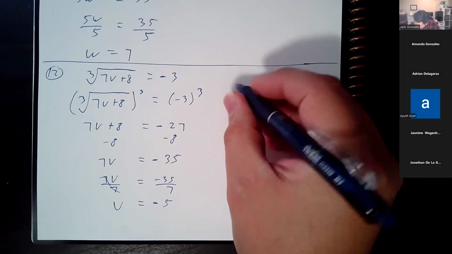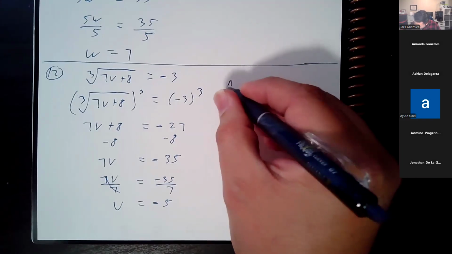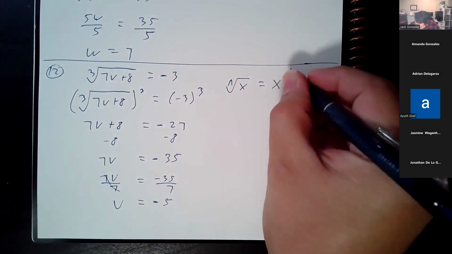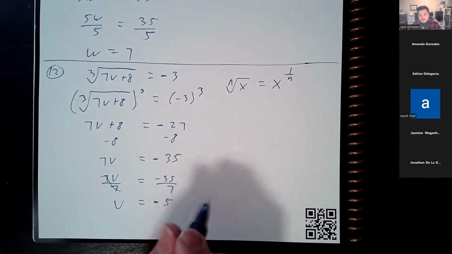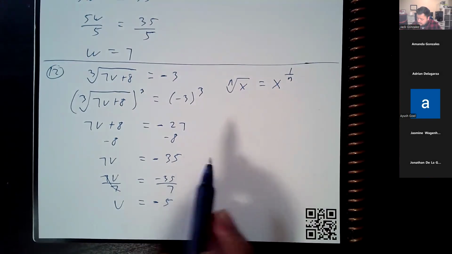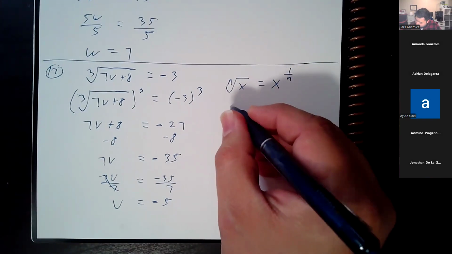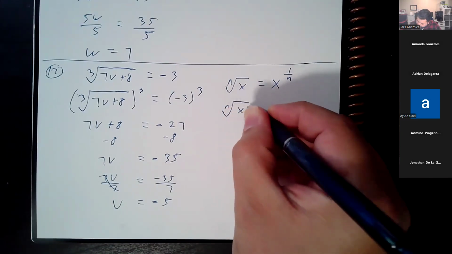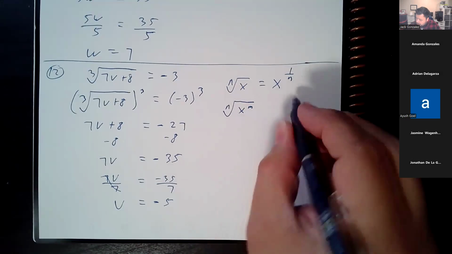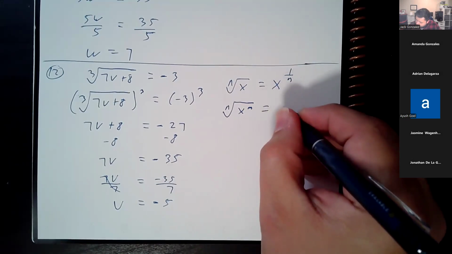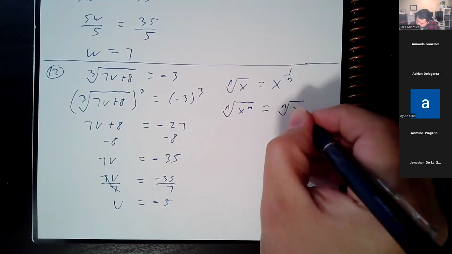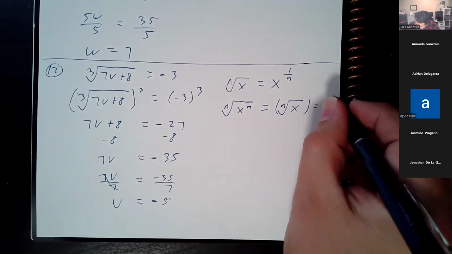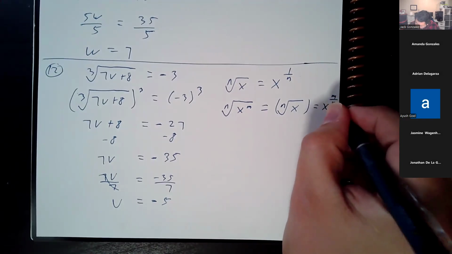Quick note, in case you've forgotten, nth root of x is the same as x to the 1 over n. This is back from the rules of exponents and radicals. If you have nth root of x to the m, you could put the m outside, or it's the same as m over n.